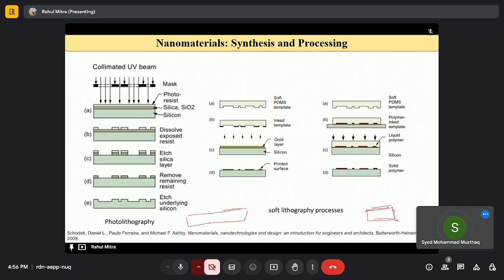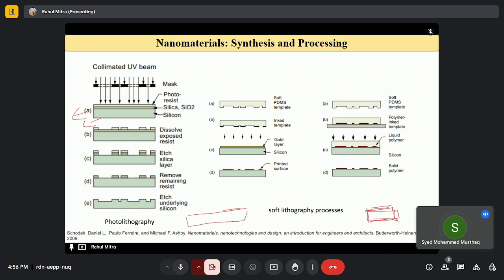So to define or to make a transistor that small, we need to create a certain structure. To do that, we use a photolithography process. At first, we have a silicon wafer on which we deposit or form a silica layer. It is nothing but the oxidation of silicon.